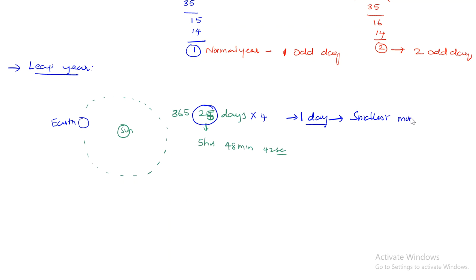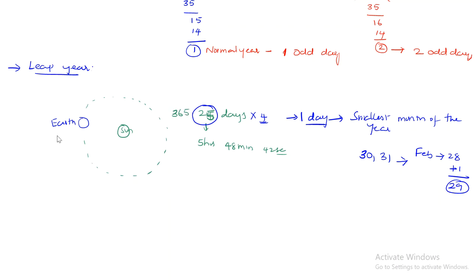Every month has 30 or 31 days, but the only exception is February, which has 28. So we add this extra day once every 4 years. That's why it's called a leap year: 29 days in February for a leap year. So this is the concept about the leap year.